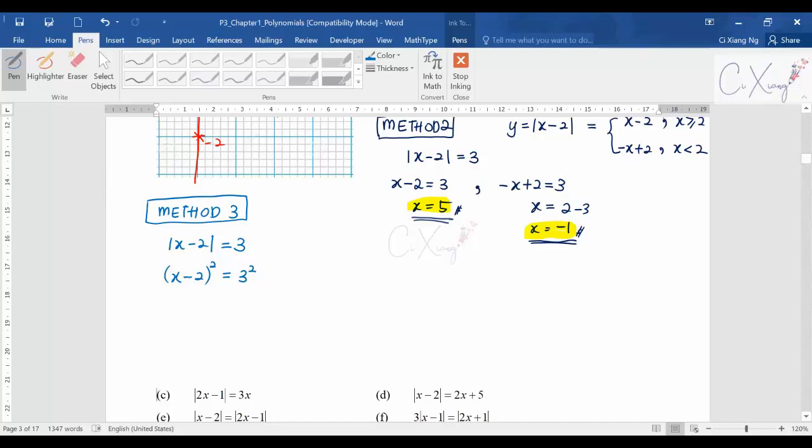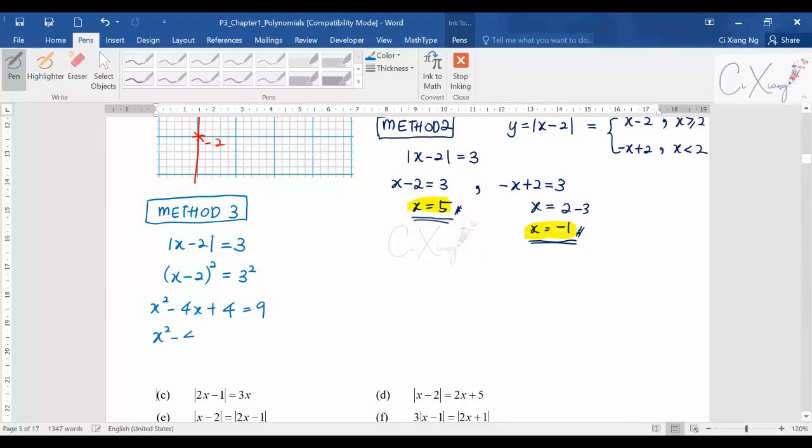So square both sides is something like this. When you square, the modulus function will disappear, because squaring and the modulus function have the same meaning, which means all the values, the whole function, are positive. So when you solve it like this, you expand (x minus 2) squared.